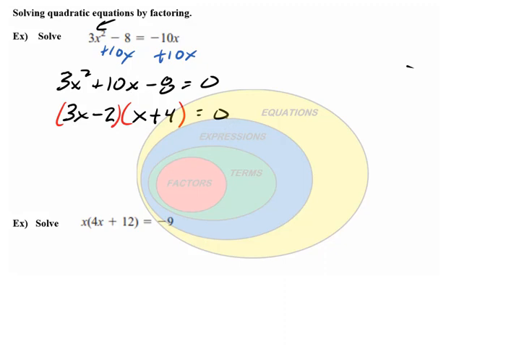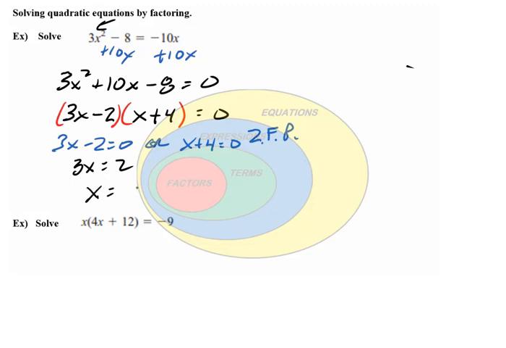So now I'm going to apply the 0 factor property and set each one, 3x minus 2 equals 0 or x plus 4 equals 0. So if I solve the first one, I get 3x equals 2 or x equals 2/3. Or if I solve the next one, subtract 4 from both sides, x equals -4.